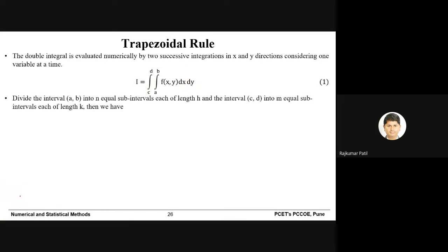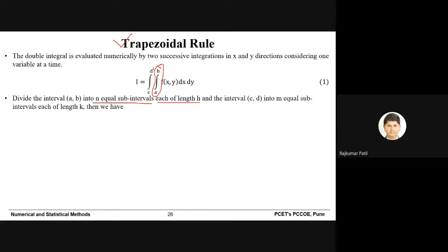Okay, so how to solve this problem? The basic approach that we use for trapezoidal rule is same. In this case, when we consider the interval a to b, this interval you need to divide into n equal sub-intervals, just as we discussed in the previous trapezoidal rule, each having a length h.